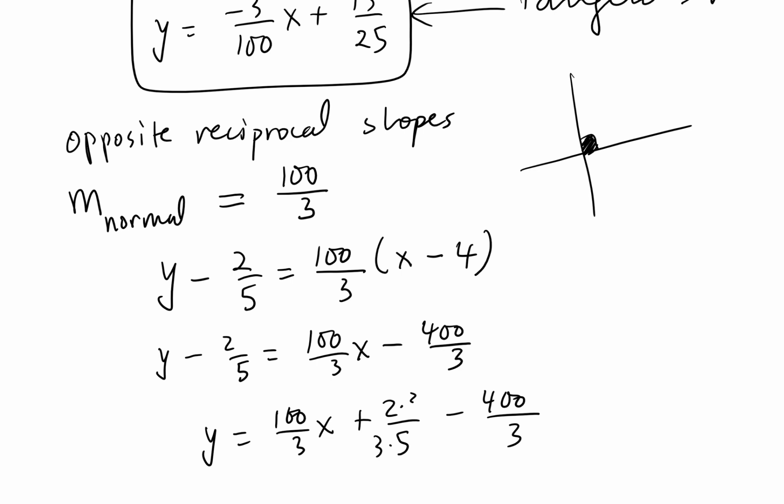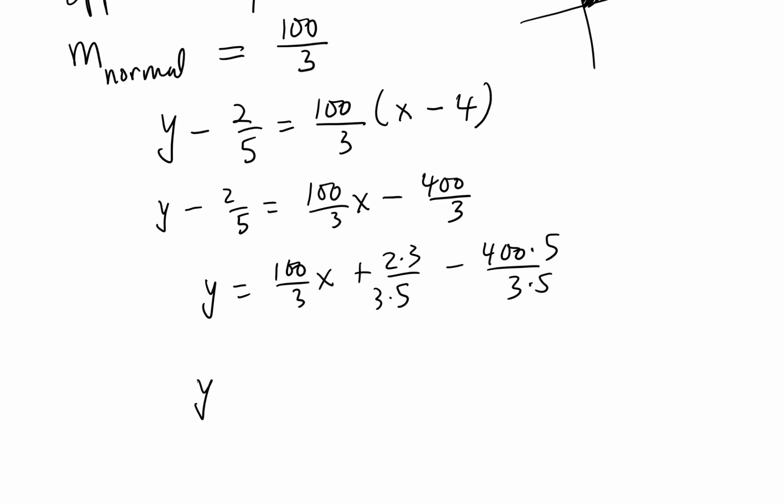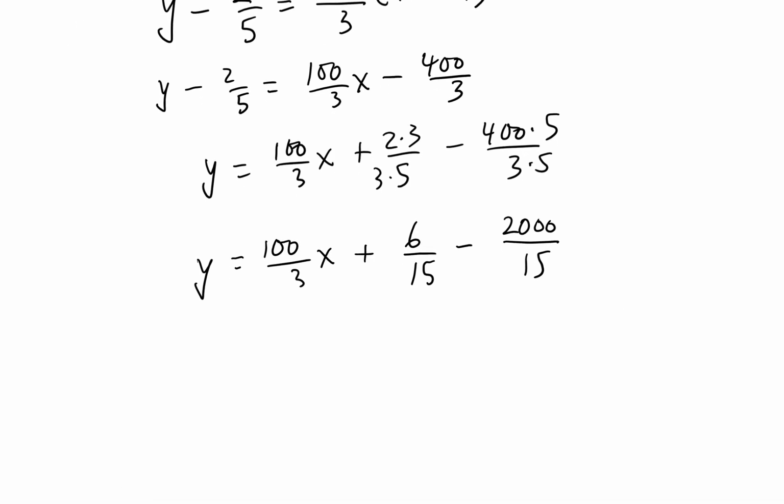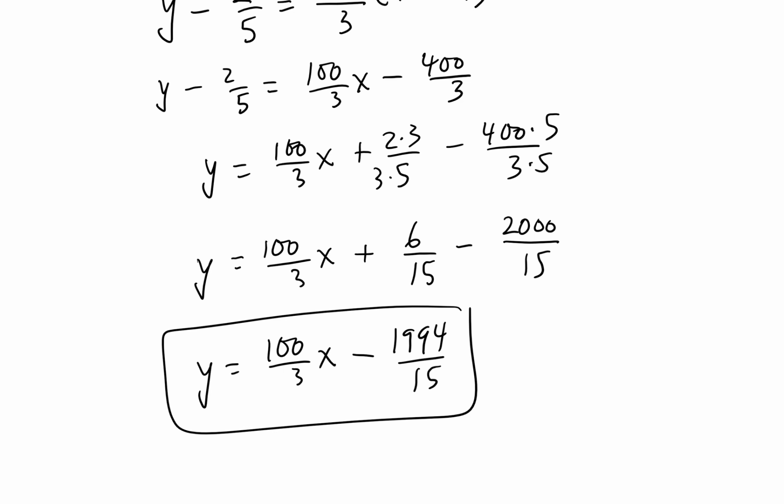Multiply by 3 by 3 by 5 by 5. 100 over 3 x, 6 over 15 minus 2000 over 15. Y equals 100 over 3 x minus 1994 over 15. Any questions about this?